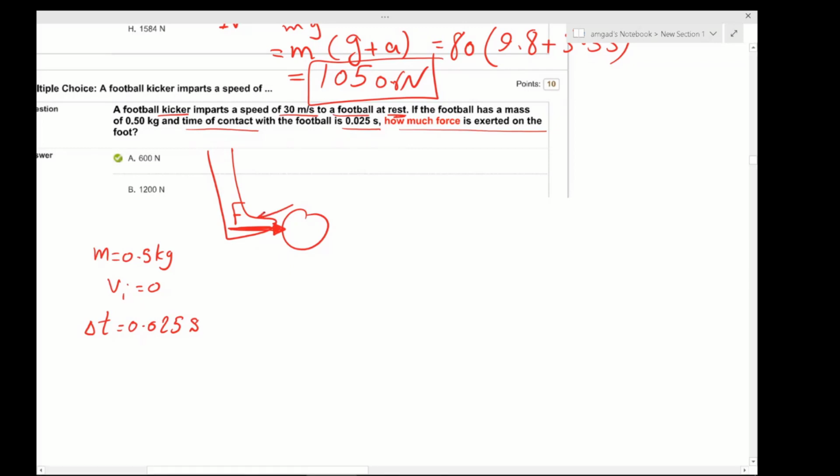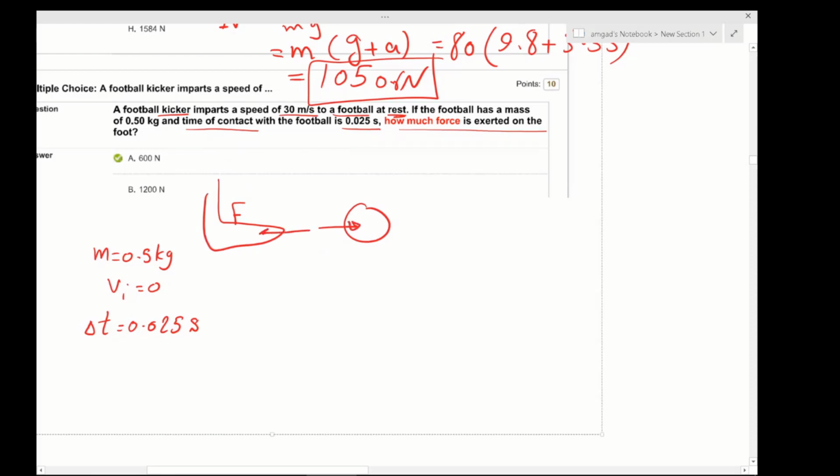The force exerted on the foot is the same as the force exerted on the ball. So the foot exerts a force on the ball, and also the ball exerts the same force on the foot. Newton's third law. So I will calculate the force exerted on the ball, and it will be the same as the force exerted on his foot.